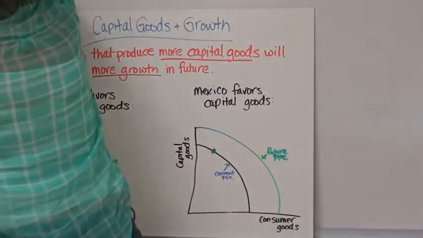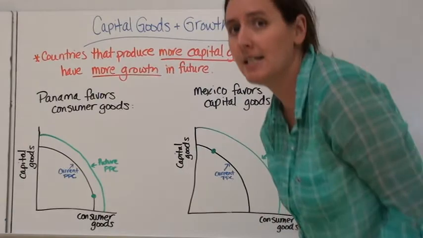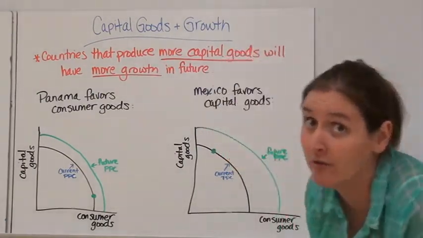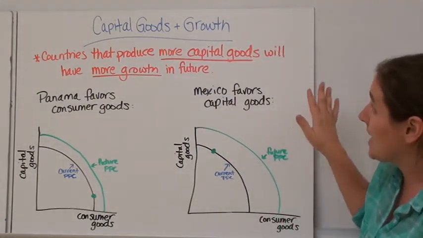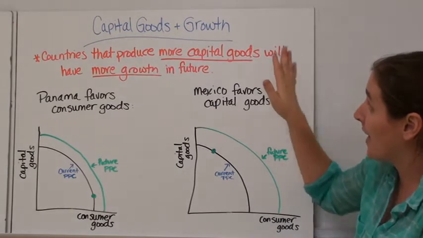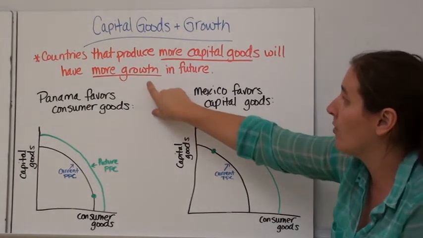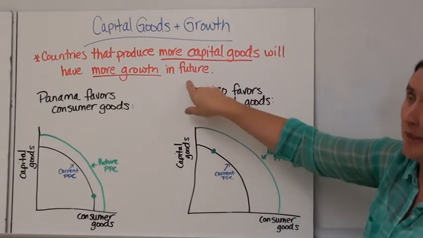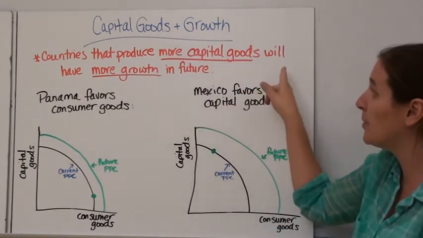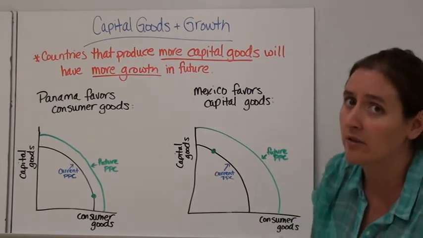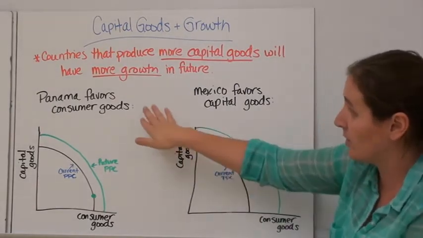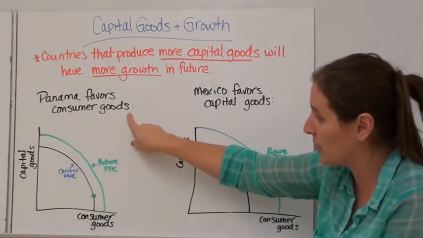And the last concept you need to get for the production possibilities curve is the idea that producing more capital goods will mean more growth in the future. A country that produces more capital goods will have more growth in the future. For example, here's Panama. They favor consumer goods.